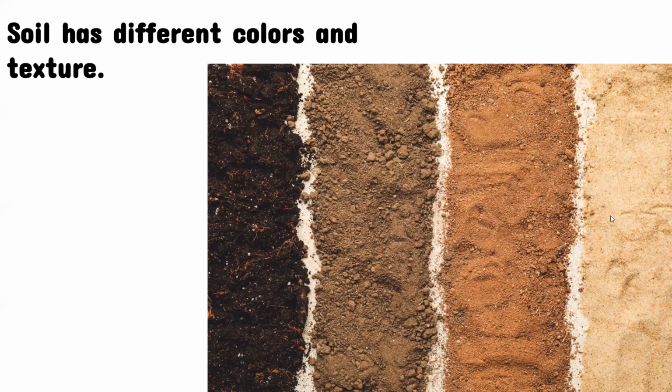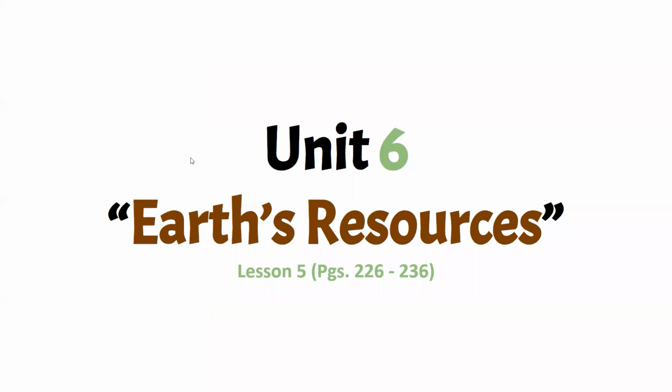So these are different colors of soil, and also different textures, by just the texture or how it feels when you touch the soil. Some soils can be really hard because of the rocks or the pieces of rocks in it. It can have big rocks in it, okay? So that's what I mean by texture. And now we're done with soil and rocks.